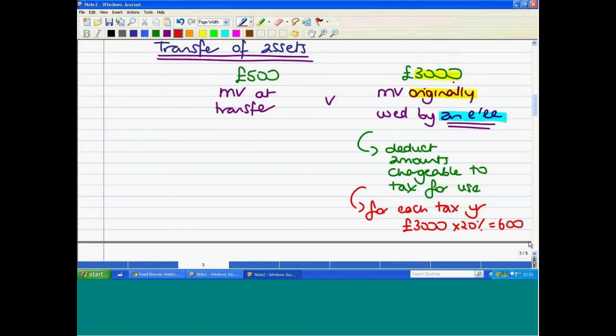And then hopefully that will bring us out reasonably similar values, and again, we will always take the higher of the two. So we're doing our comparison, but the comparison will be actually a bit fairer when we are allowed to deduct these amounts that have already been charged to tax. Okay, but again, if in doubt, it's the higher of the two values.